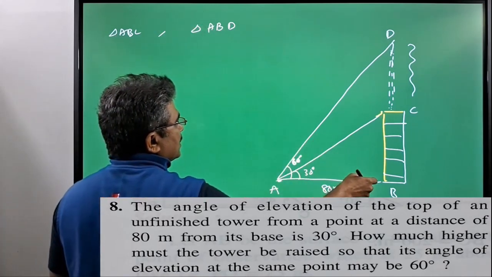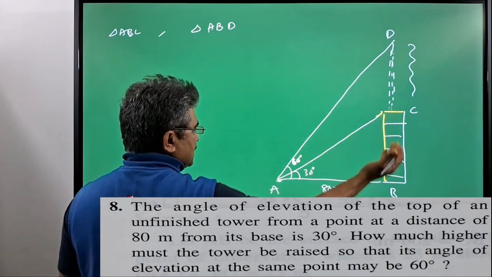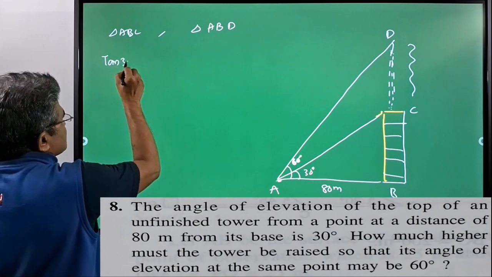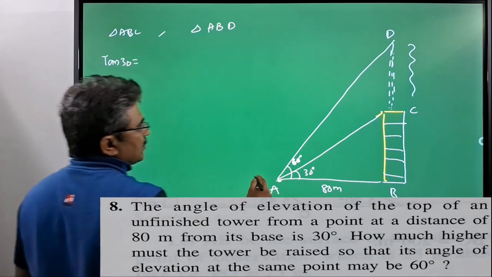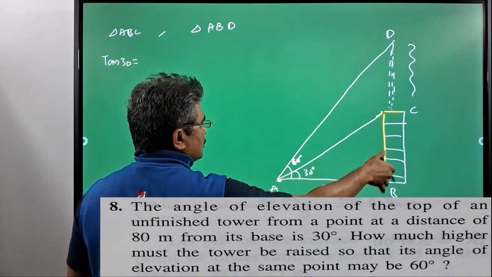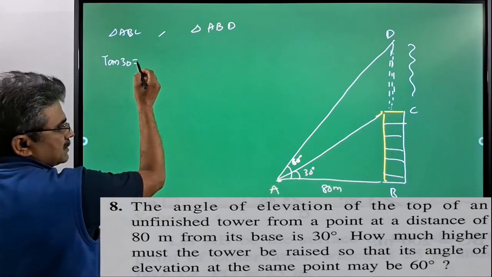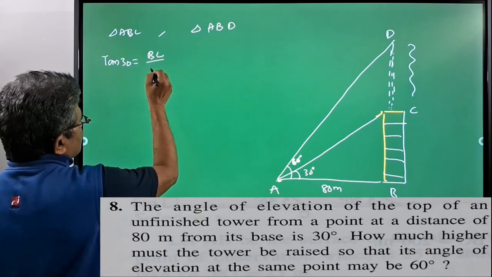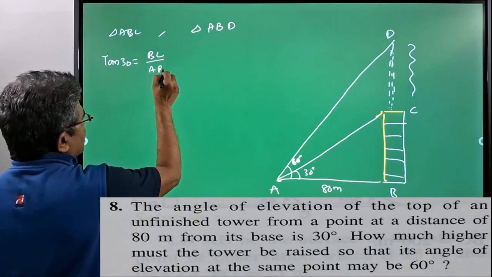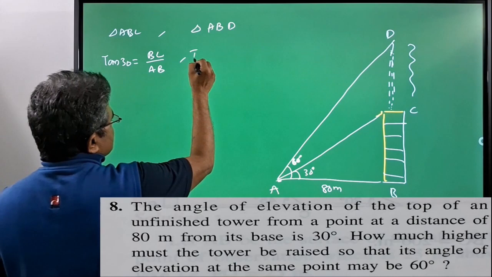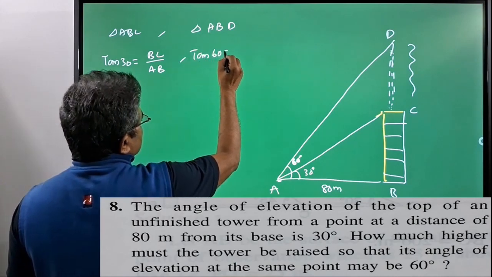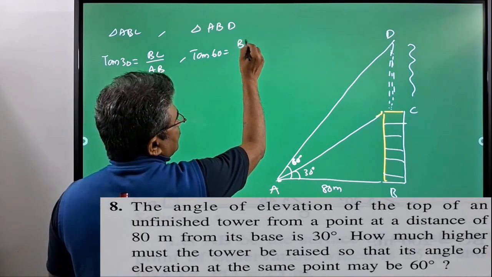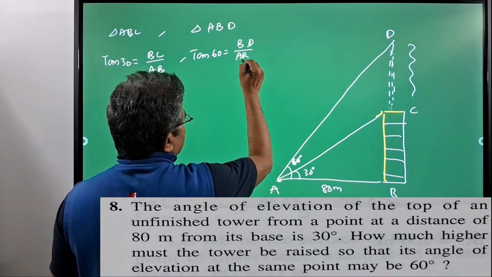Anyway, we are working with opposites and adjacents, so consider the tan angles. Tan 30 is equal to, in triangle ABC, BC by AB, and tan 60 is equal to, in triangle ABD, BD by AB.